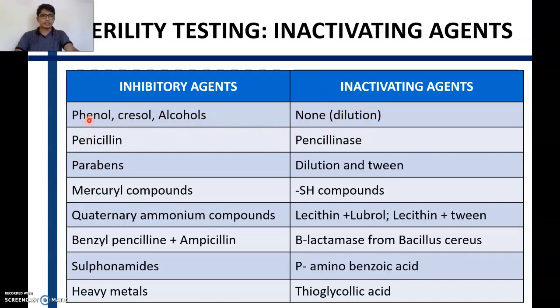For an inhibitory agent like penicillin, it is inactivated by adding penicillinase enzyme. For agents like parabens, we will inactivate them by dilution. Then heavy metals by thioglycolic acid, sulfonamide by adding para-aminobenzoic acid. So these are some inhibitory agents used as preservatives and their inactivating agents to avoid the false negative result.